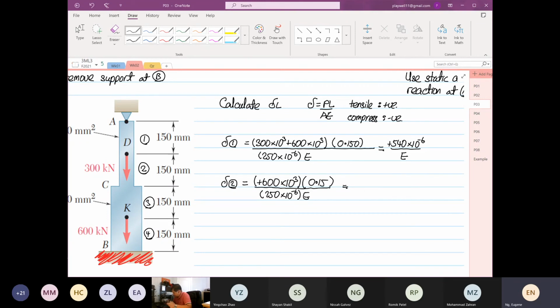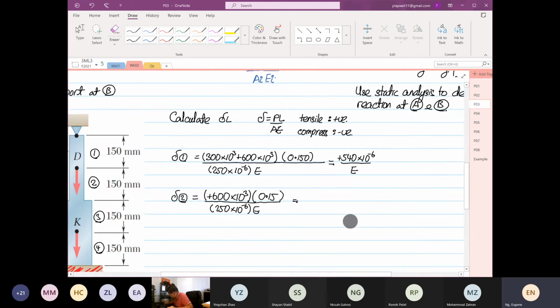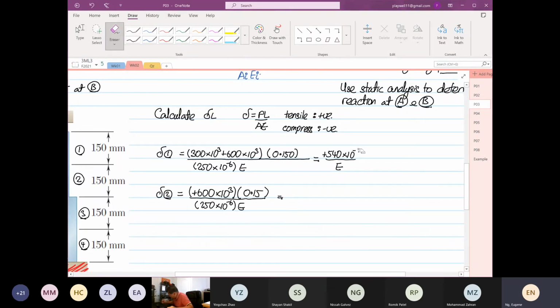Sorry, this is positive. Okay, I got it wrong. I don't know why I drew it negative. So this is positive 360 times 10 to the power 6 divided by Young's modulus.